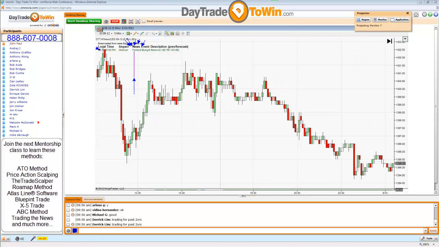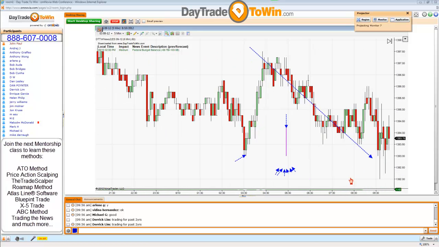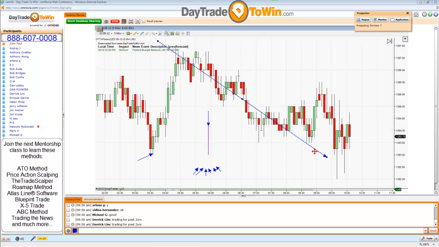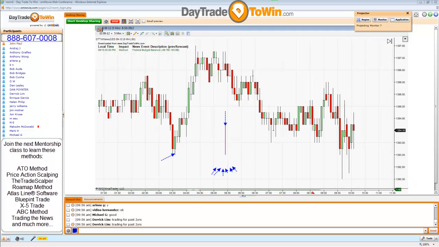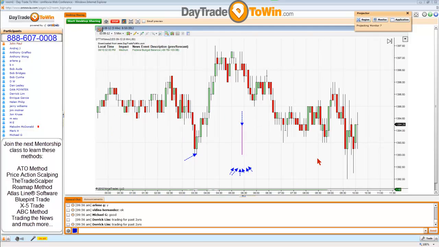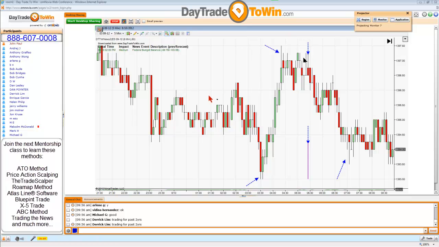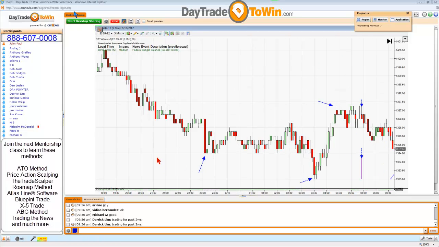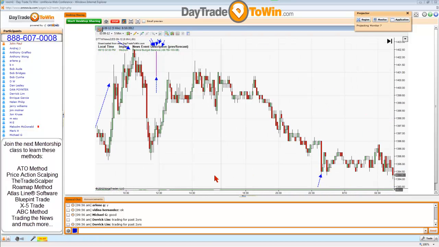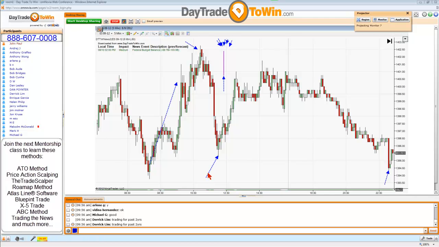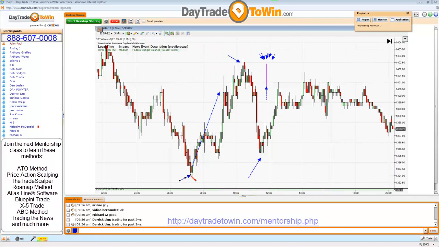Now, I also say that one yo-yo bar or one yo-yo candle is meaningless because we see them everywhere, right? You see one here, you see one here, you see one here, here. So the idea of looking at one yo-yo bar to tell you something may not be enough evidence.